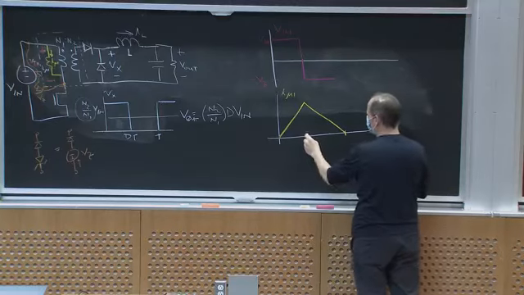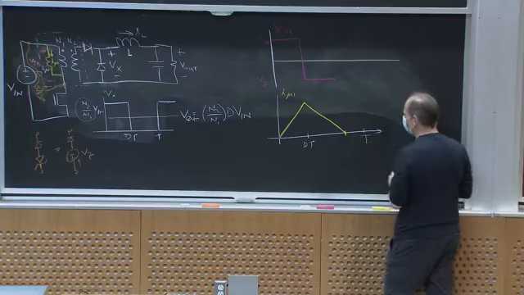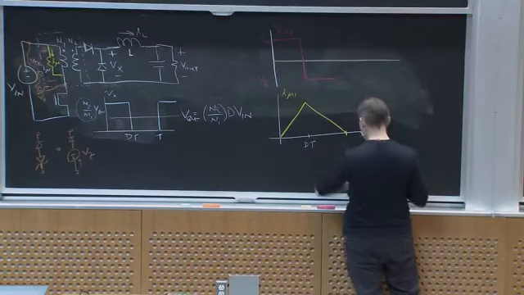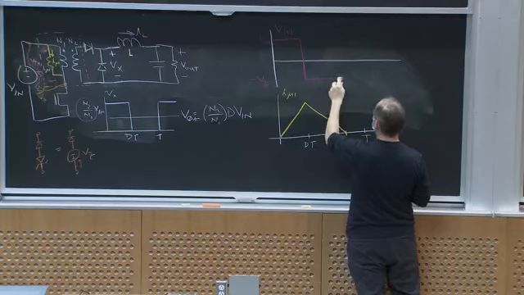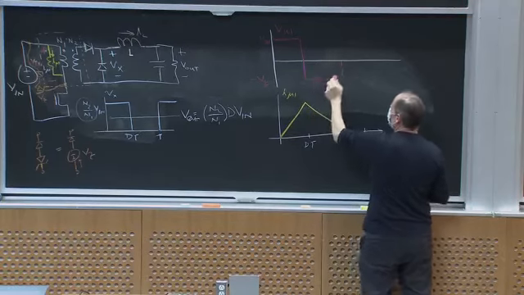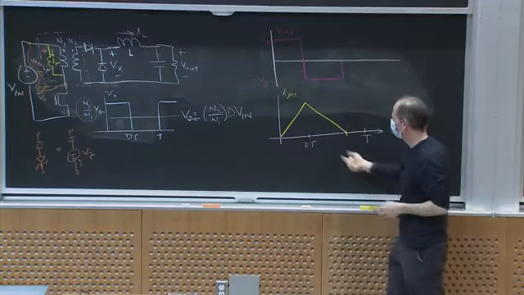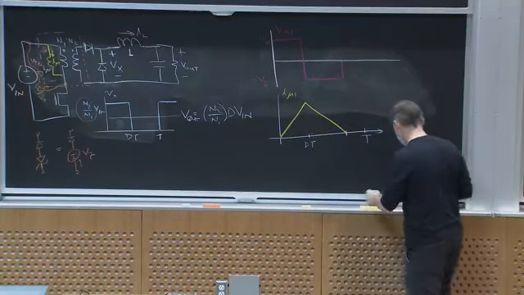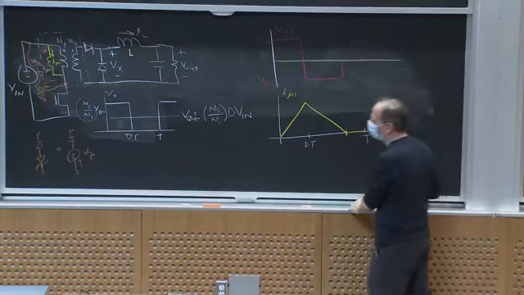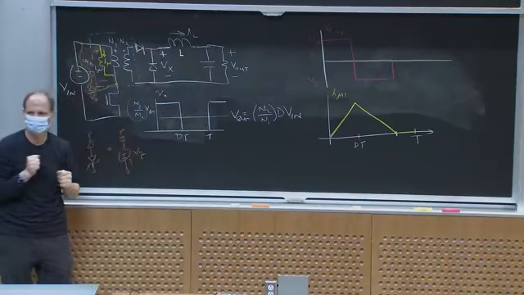So if this is dT, and T is over here somewhere, when would this happen? This would reach 0 basically when the average volt-seconds, this area, equaled this area. My net volt-seconds on my inductor would be 0, and then it would just stay 0. The current would have gone to 0 in the magnetizing inductance, and that's fine. And so the transformer is just kind of open circuited at that point.